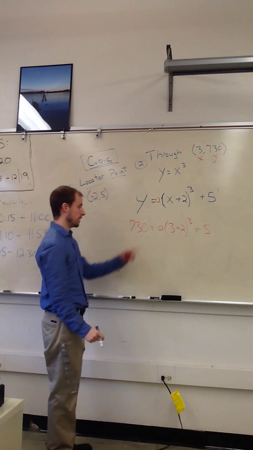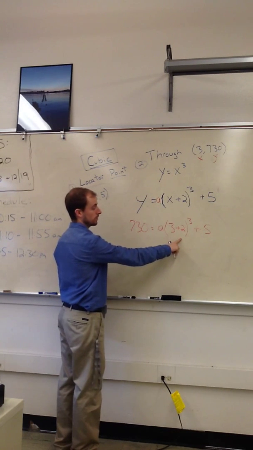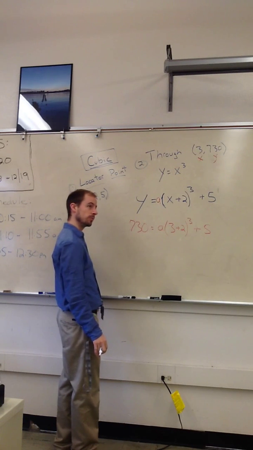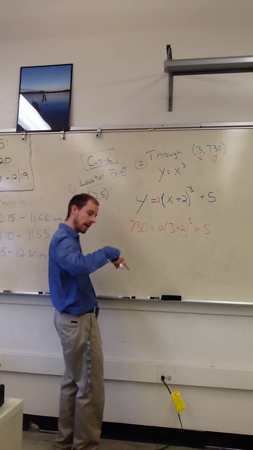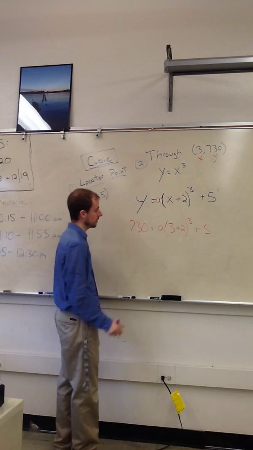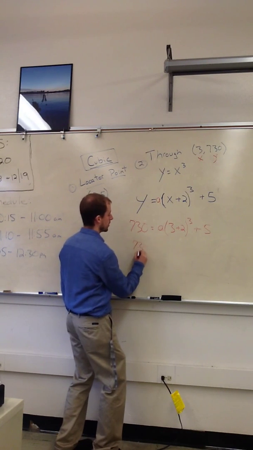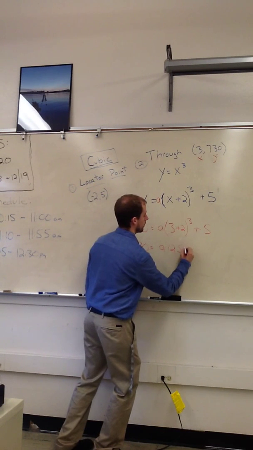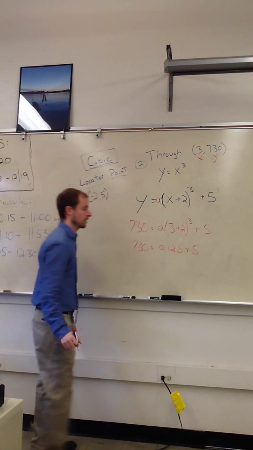And then you solve for a. So 3 plus 2 is 5, and you're going to want to cube that. So 5 cubed, 5 times 5 is 25, times 5 is 125. So you've got 730 equals a times 125 plus 5, and then what?